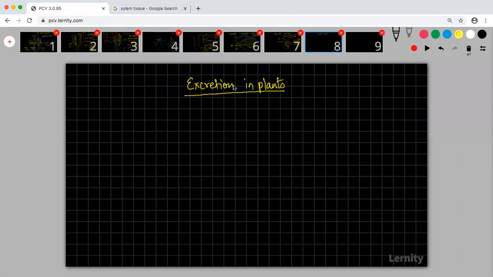But for them, oxygen itself is a waste, so it is removed through stomata. If there is excess water, it will be removed through transpiration.